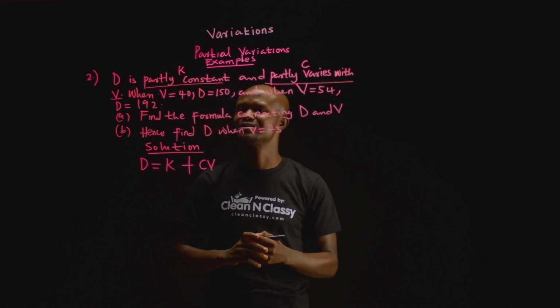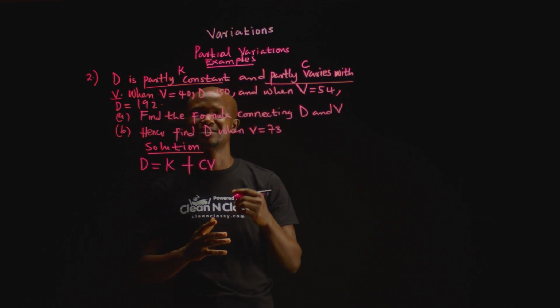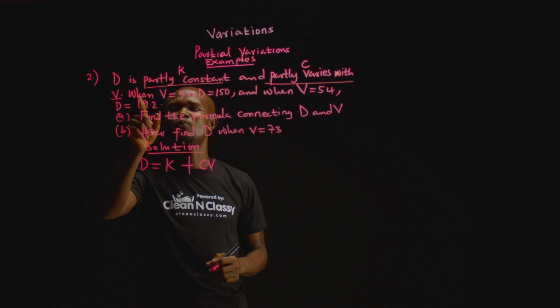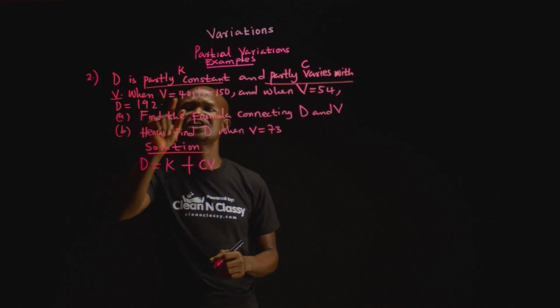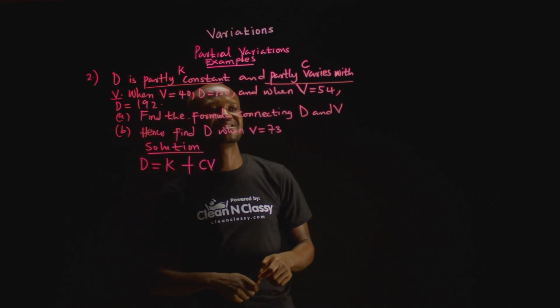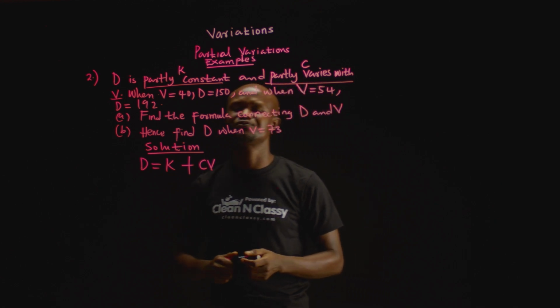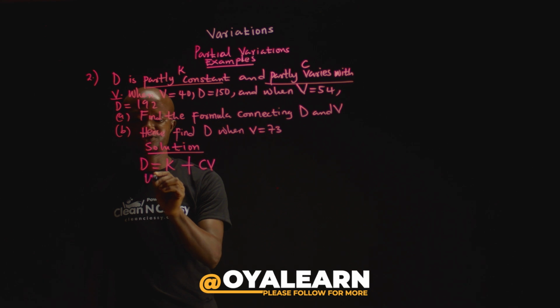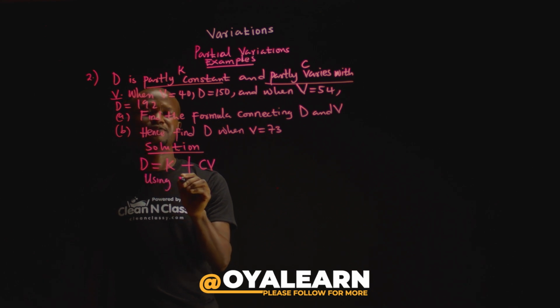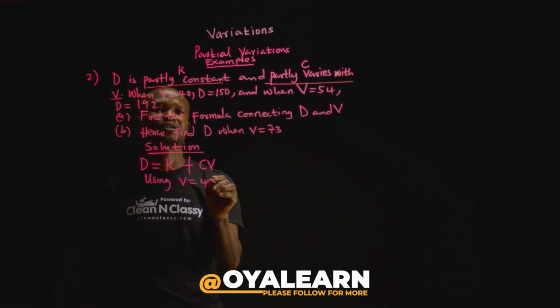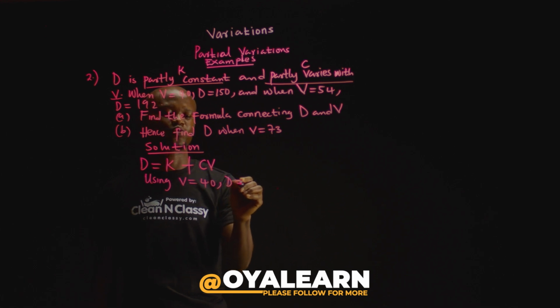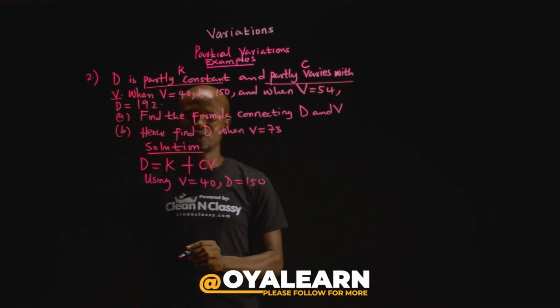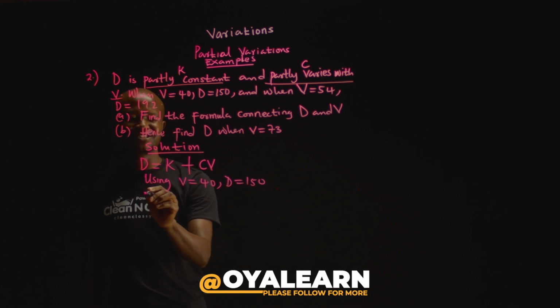How can we get the value of K and C? Now, we go to the second statement. When V equals 40, what is D? D is 150. Using V equals 40 and D equals 150 first, anywhere we see D, we put 150.